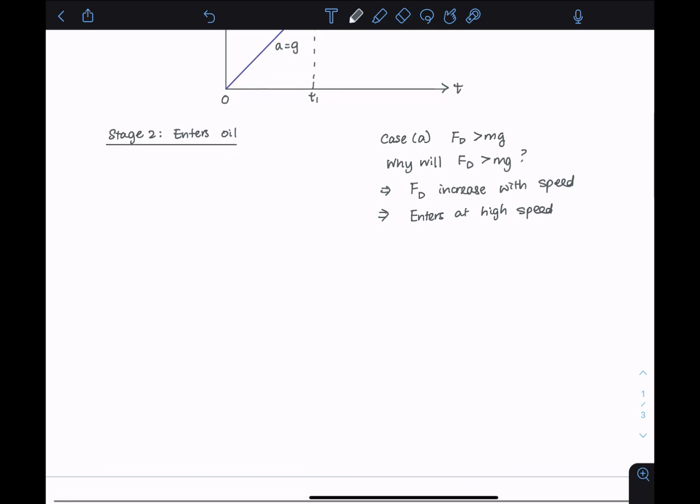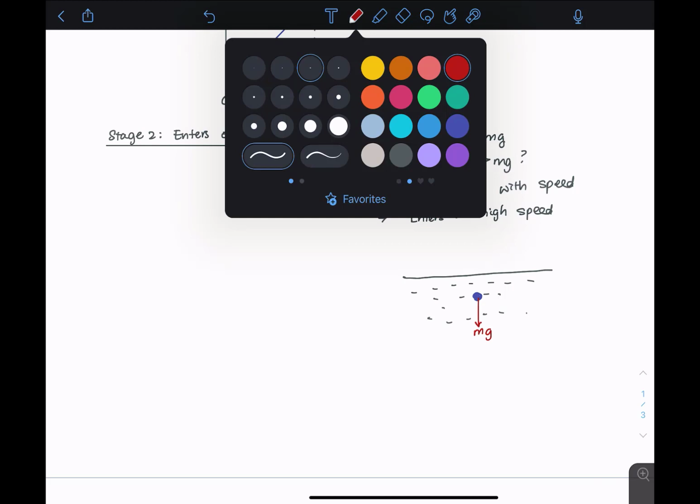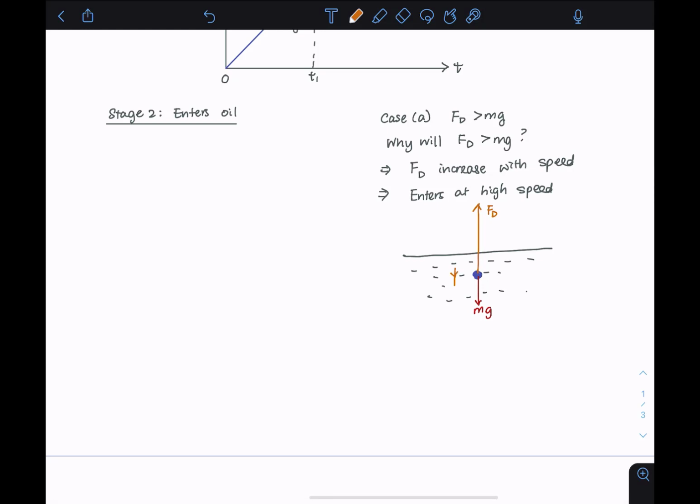Alright, and if we were to draw a free body diagram for the ball inside the oil, we have our weight still, mg, but our drag force now is larger than the weight. So it's traveling at v.